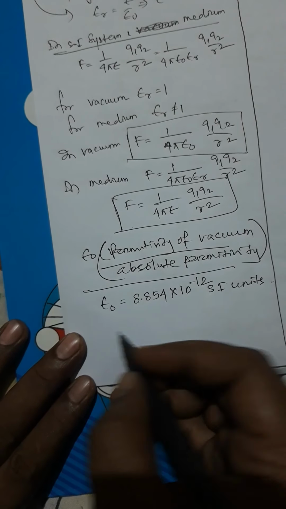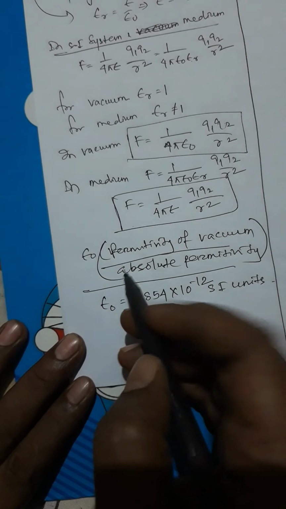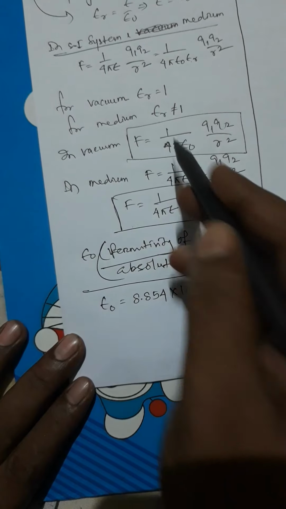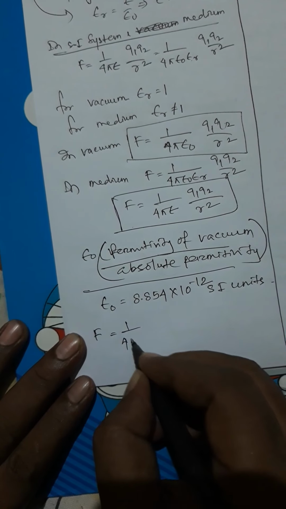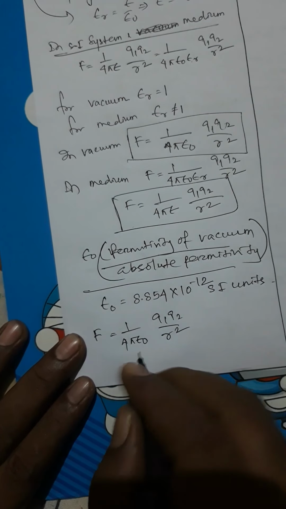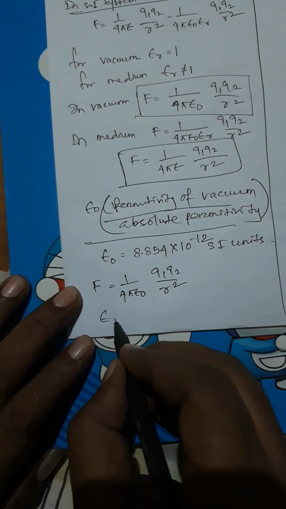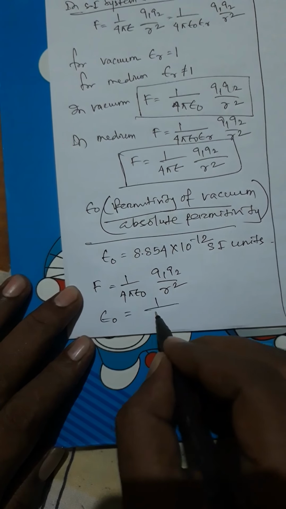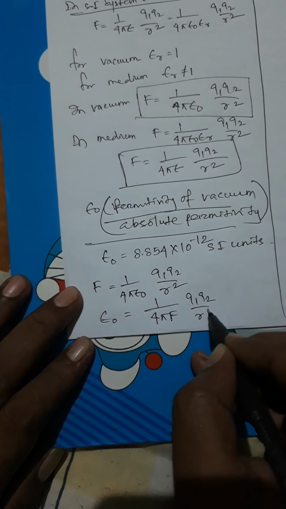And students will find out what is the unit of epsilon naught. If you apply the vacuum formula, F is equal to 1 by 4 pi epsilon naught Q1 Q2 by R square, from this you can find epsilon naught is equal to Q1 Q2 by 4 pi F R square.